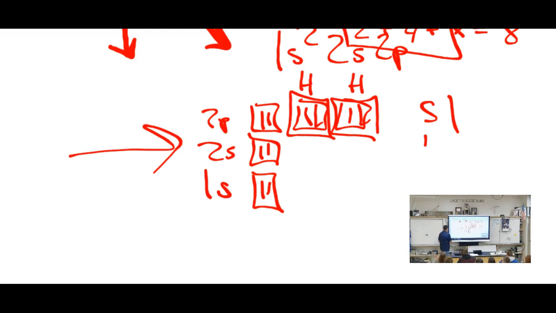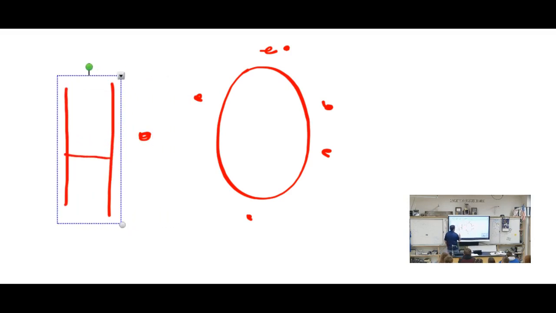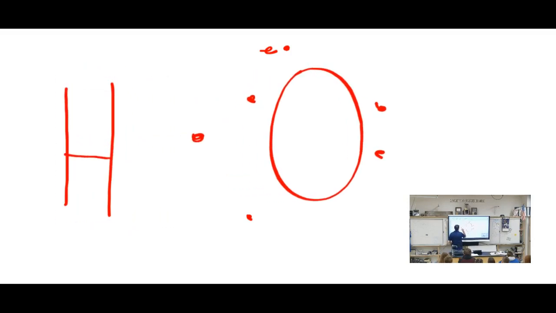How many dots does hydrogen have? 1. How many dots does oxygen have? 6. 1, 2, 3, 4, 5, 6. How many dots does it want if it wants an octet? 8. So it can take 1 hydrogen and share over here.